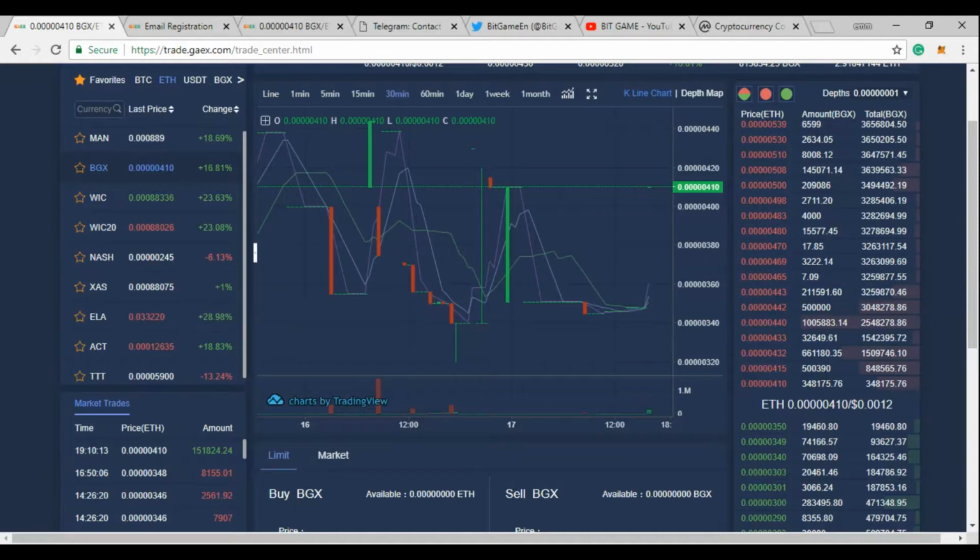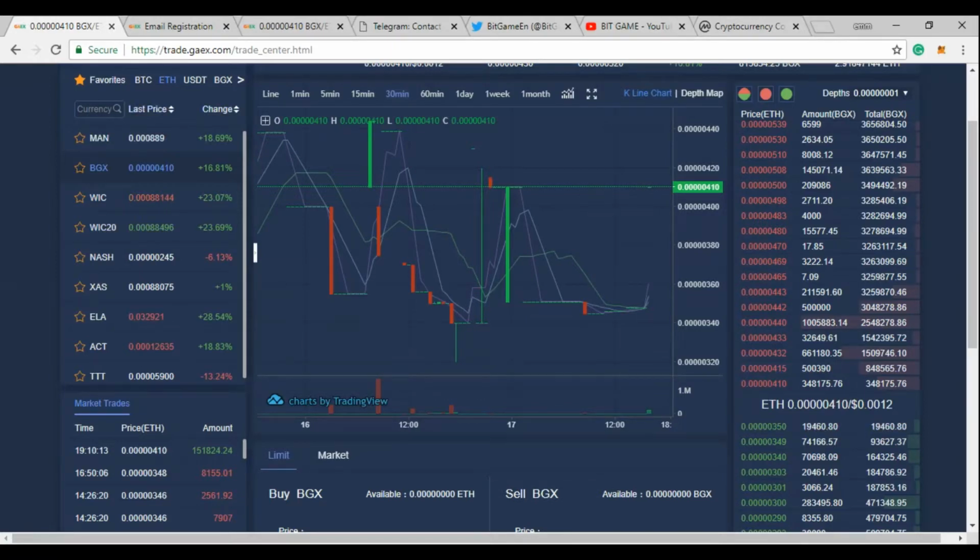You can just go direct, click on it and buy at 0.000410, or you can wait. Like if you put 350, then you join the queue here. But if you put 351, then you go up. Then if someone is ready to sell, you'll be among the first to be picked. This is how it goes.